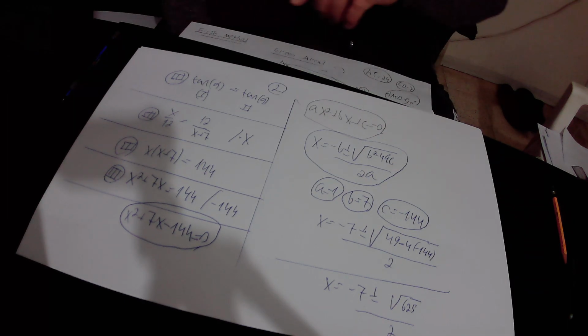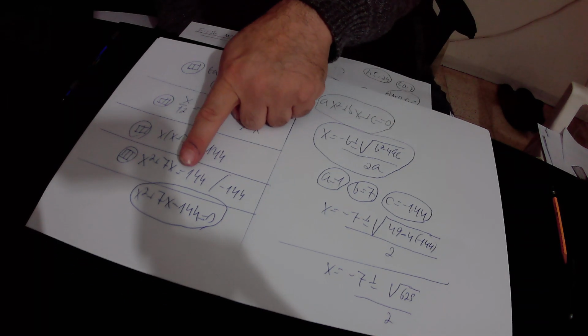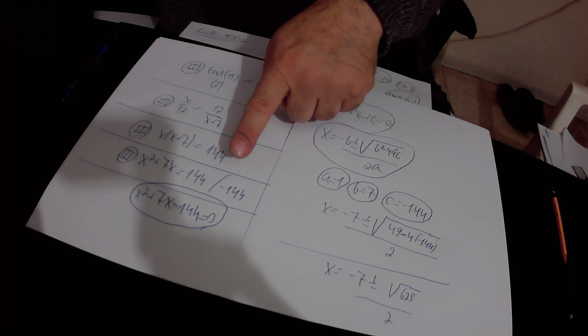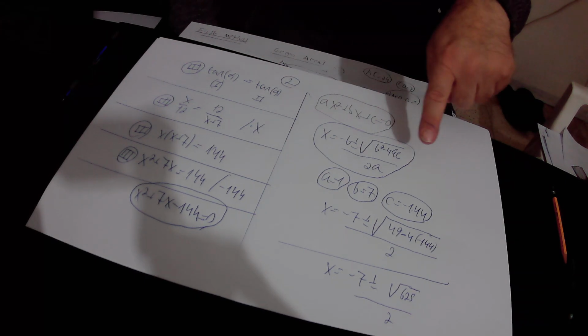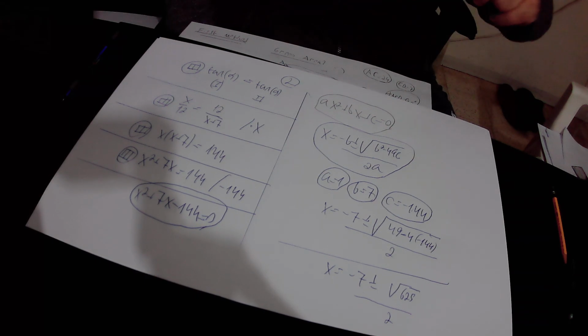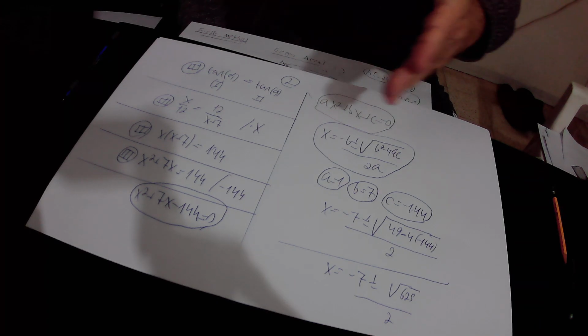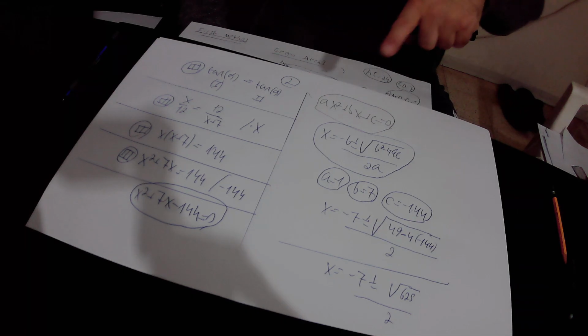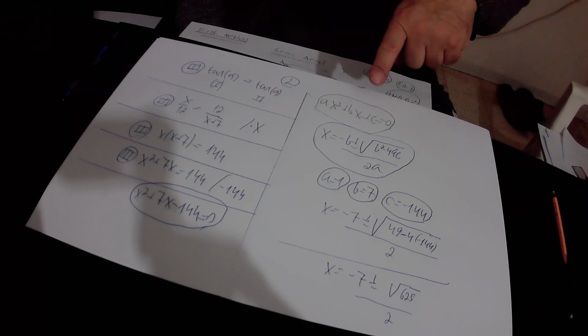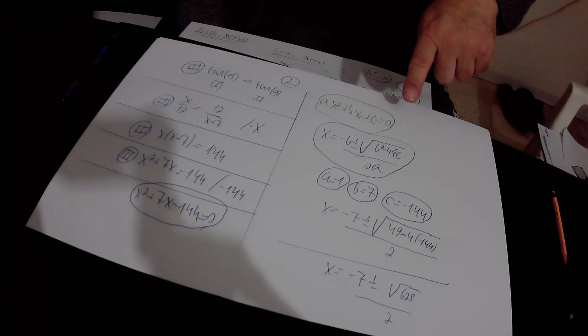In our specific quadratic equation, x squared plus 7x minus 144 equals 0, the coefficient a equals 1, the coefficient b equals 7, and the coefficient c equals minus 144. Now we put this data in our equation in order to find the values of x. According to this equation, x equals minus b. B is 7, so minus b is minus 7, plus minus the root of b squared.